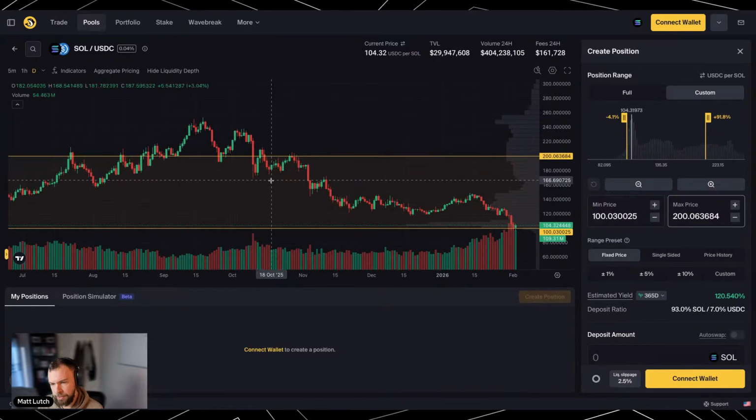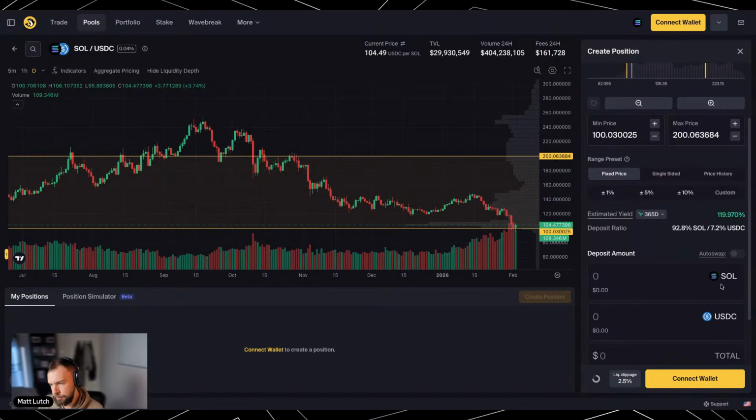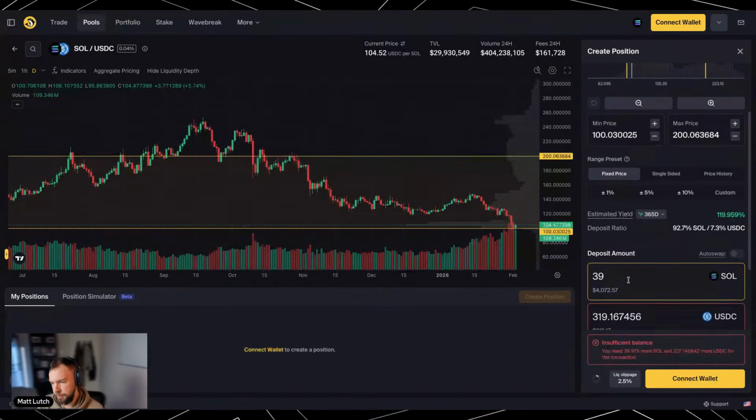You could have set this up a couple of months ago and you've put the upper range as 200, you put the bottom as 100. You've got estimated yield 120%, which could be anything. It depends what you have.